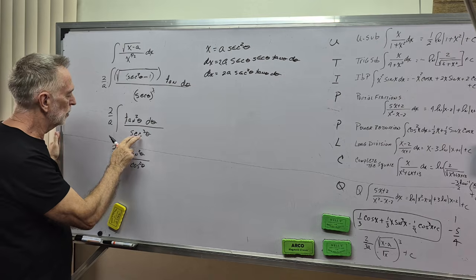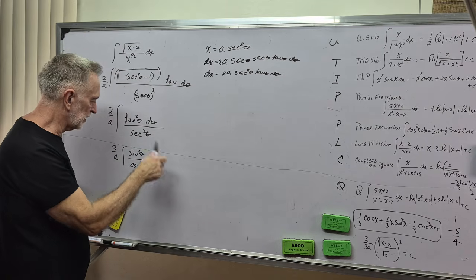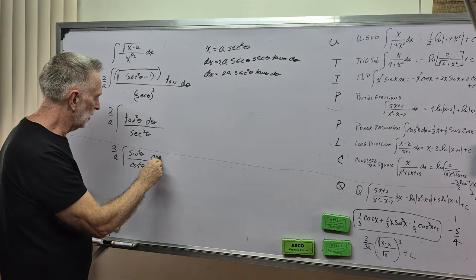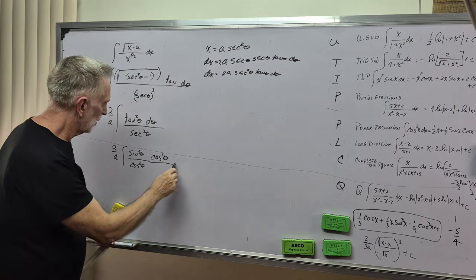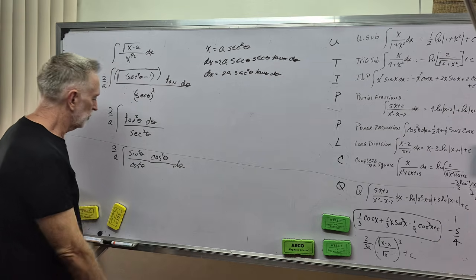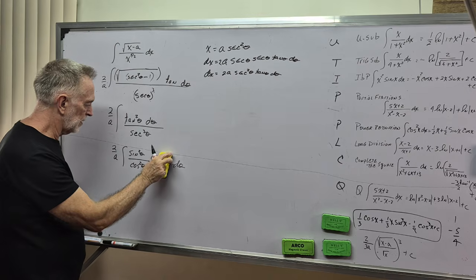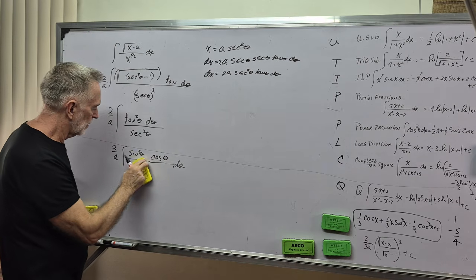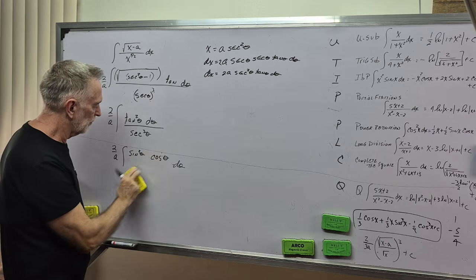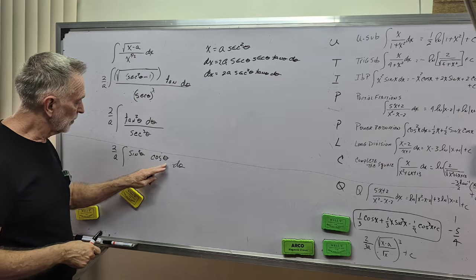Secant is 1 over cosine. So since I have secant cubed, I'll move that up to the numerator, d theta. So now I have a cosine cubed theta over cosine squared. That wipes that out. So now I have the integral of sine squared theta cosine theta d theta.